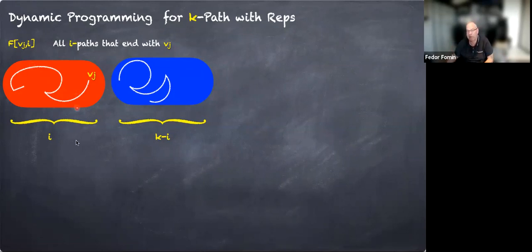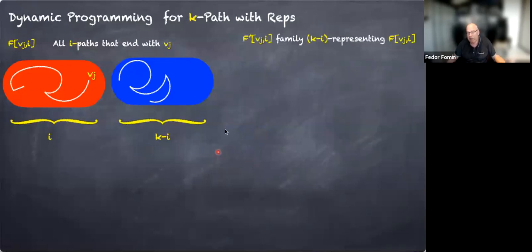As a representative family of sets, I want to keep all these red paths, and they should represent all the blue paths, or all paths of size k minus i.